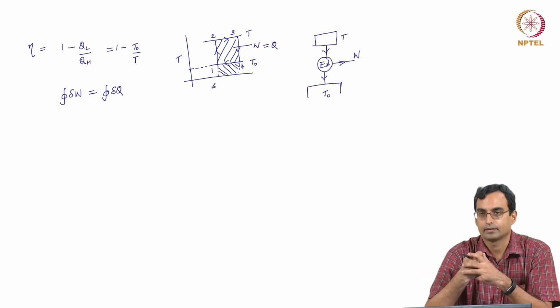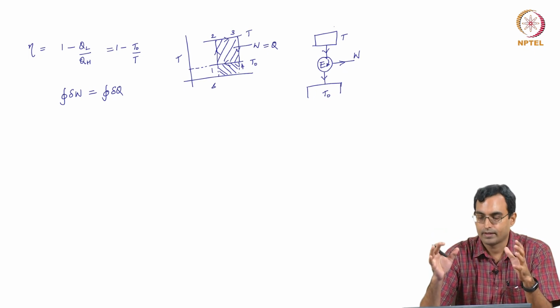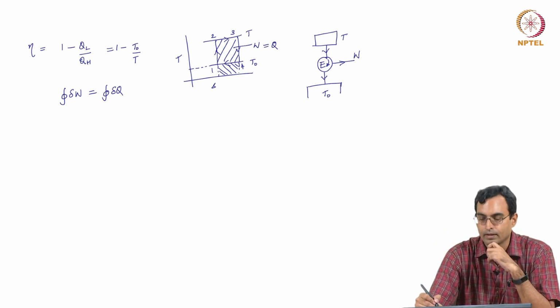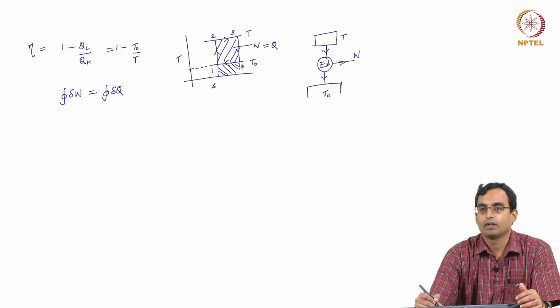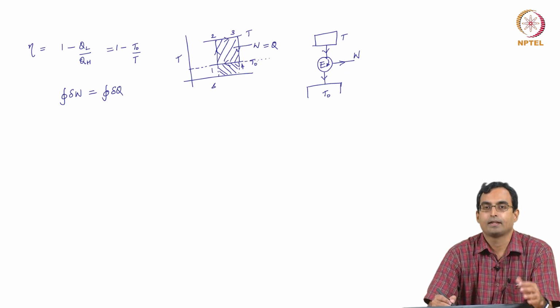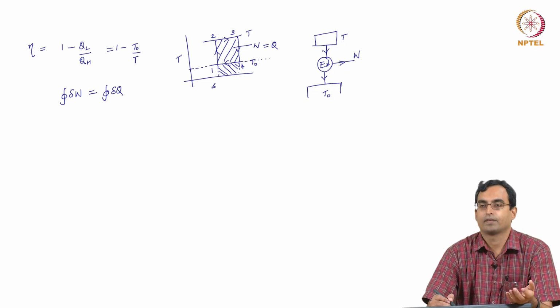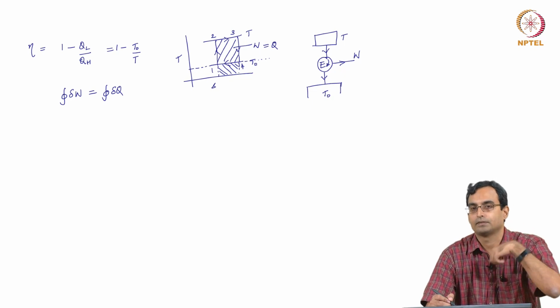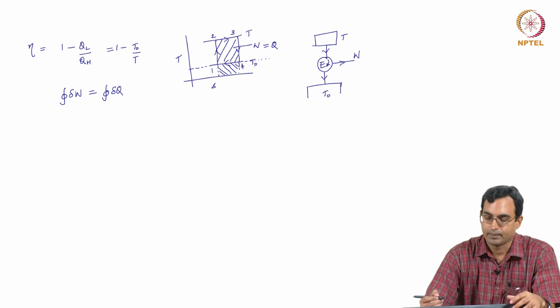So, if I have some amount of energy stored at a temperature T, the amount of energy which is available for me to use is only the energy which is above some ambient or some heat rejection temperature T naught. Anything which is below it is still there, but I cannot get access to it, I cannot use it. It is like a well, I cannot go deep enough to extract it out; it is still there, but it is not useful to me.